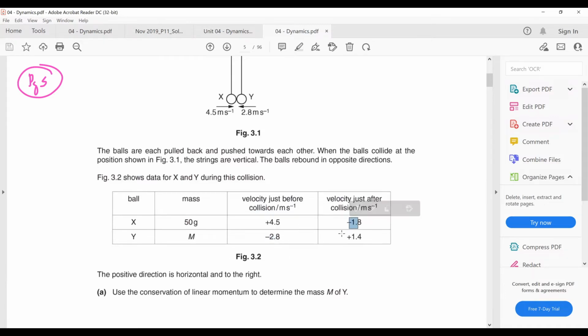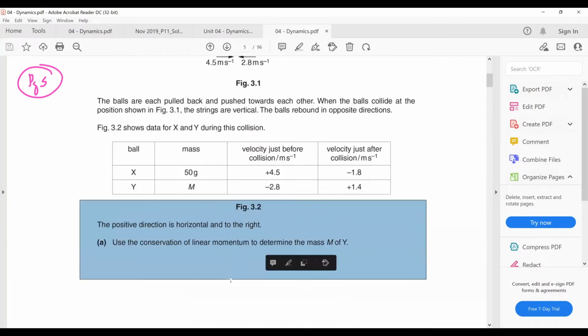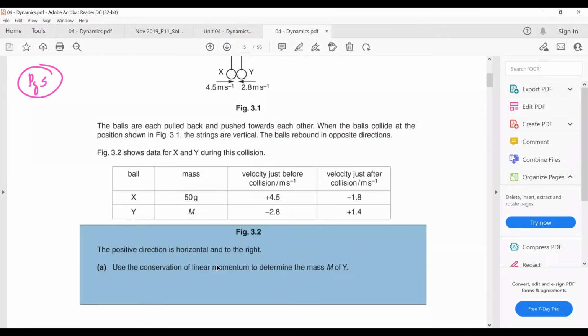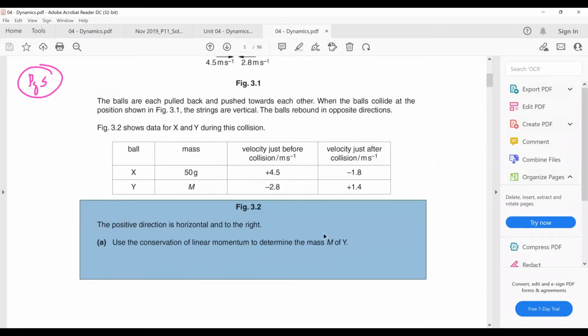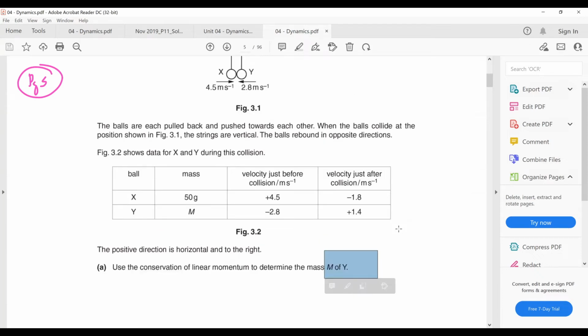This is just indicating that it is moving in the opposite direction to your assumed sign convention. They say that the positive direction is horizontal and to the right. Here, they want you to use conservation of linear momentum to determine the mass m of Y.